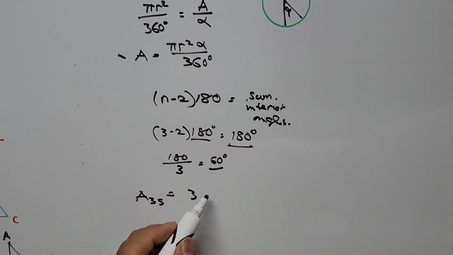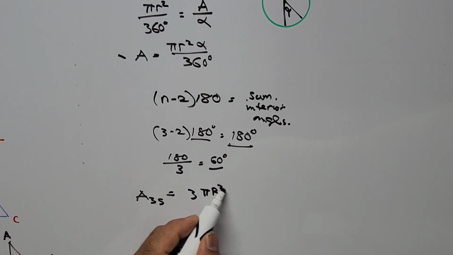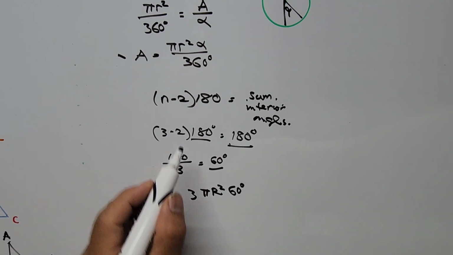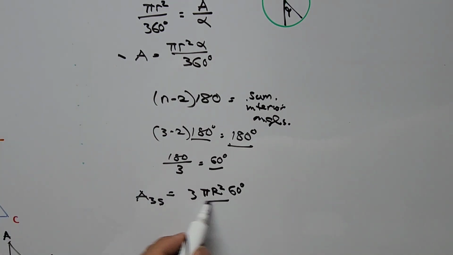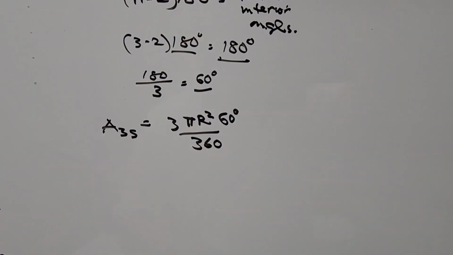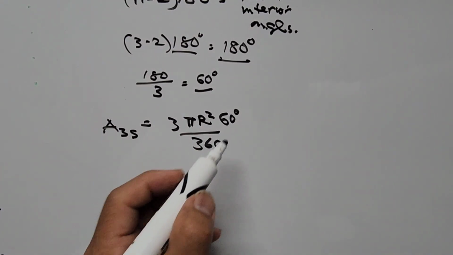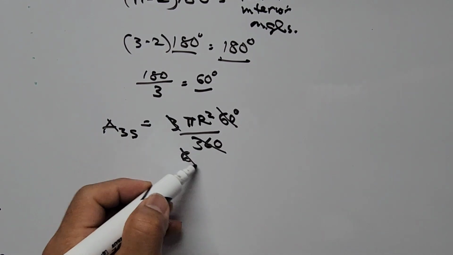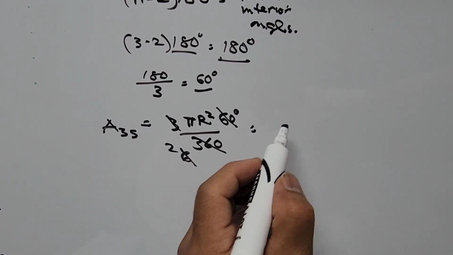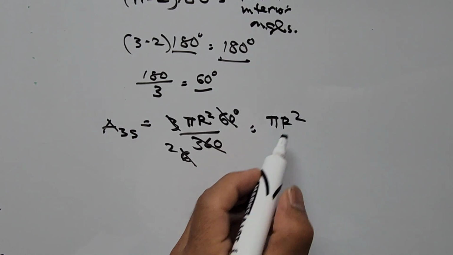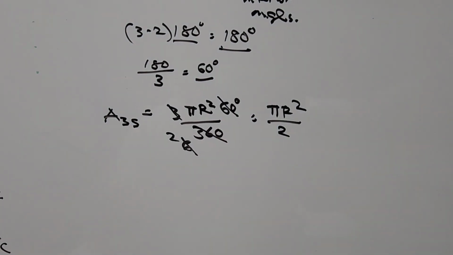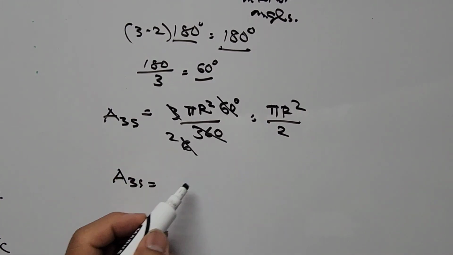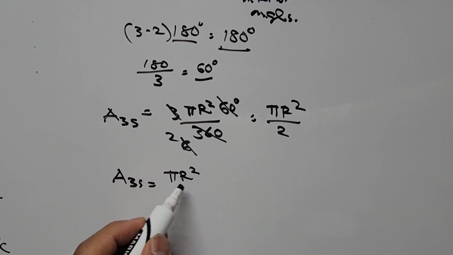So 3 times pi r squared, and alpha is 60 degrees divided by 360. So 60 divided by 360 is 1 over 6, and 3 over 6 is 1/2. So we ended up with pi r squared over 2. So we have the area of the 3 sectors, 3s, is equal to pi r squared over 2.